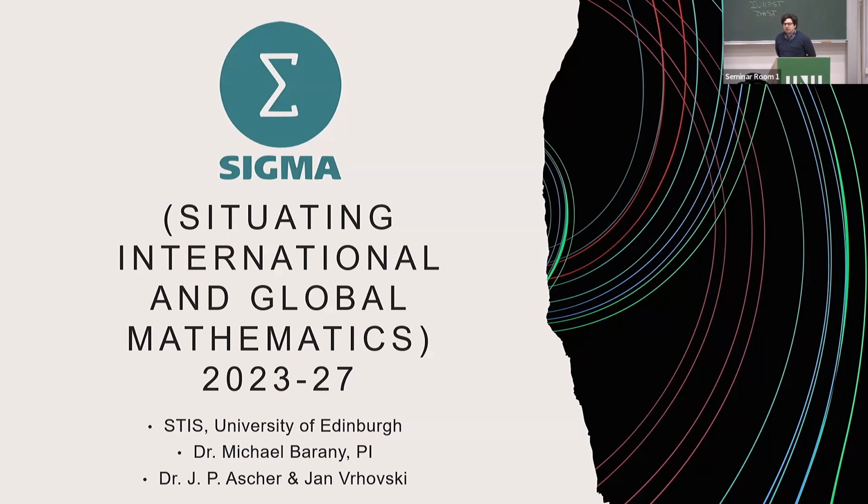The project will extend between 2023 and 2027, which means we are currently in the first year of our work together. It currently consists of three people: Michael Barani is the PI, and Dr. J.P. Asher and myself are the current postdocs.